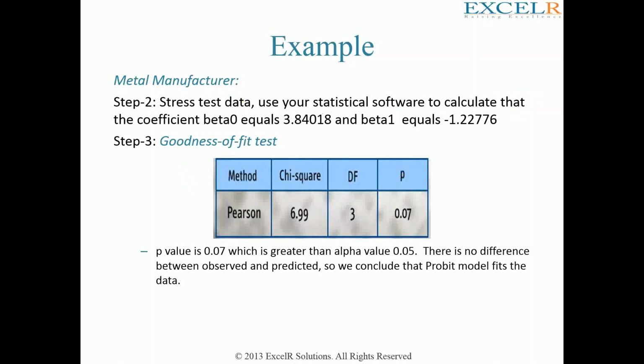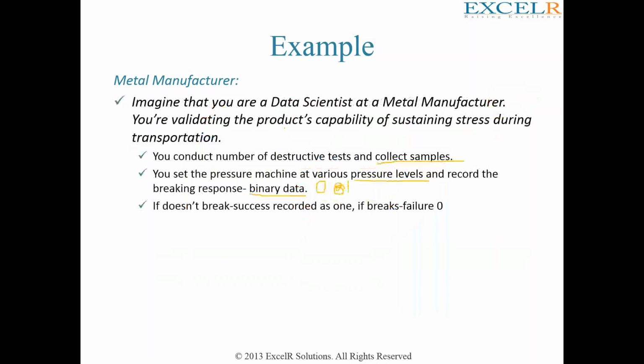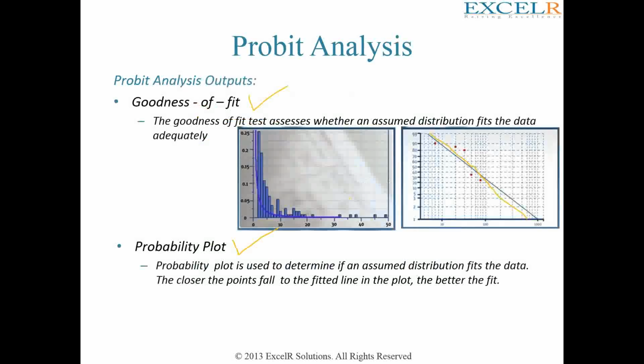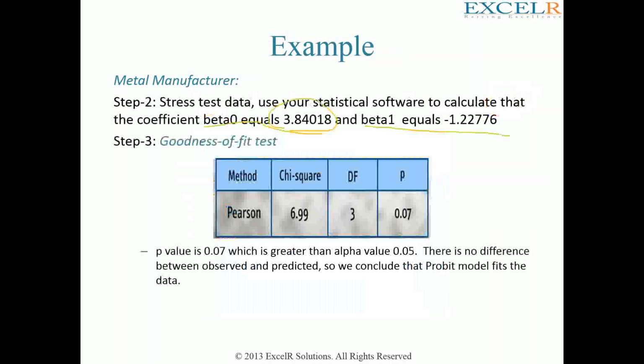So once you're done with that, you can use any of your statistical tools to calculate beta naught and beta 1. How do you calculate beta naught and beta 1? There you go. Beta naught is minus mu divided by the standard deviation, and beta 1 is 1 by standard deviation. In that way you calculate those values.